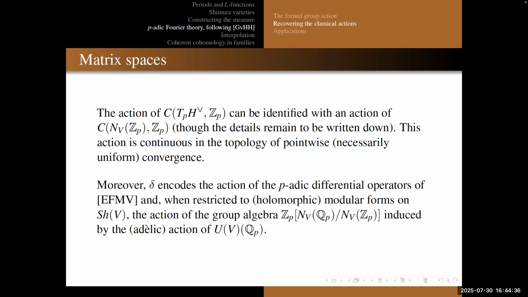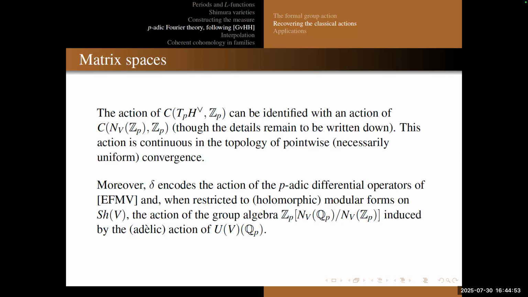It encodes the action of both of the p-adic differential operators, and when restricted to holomorphic modular forms, it actually encodes the action of the group algebra of this disconnected group, the QP points modulo ZP points of the unipotent radical.